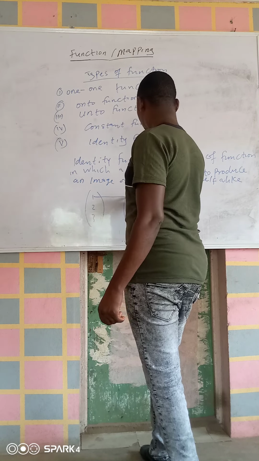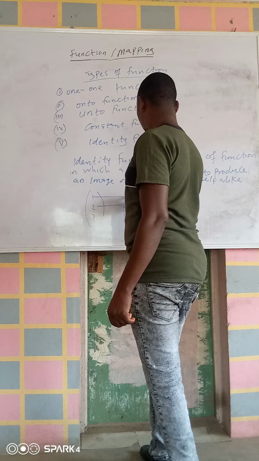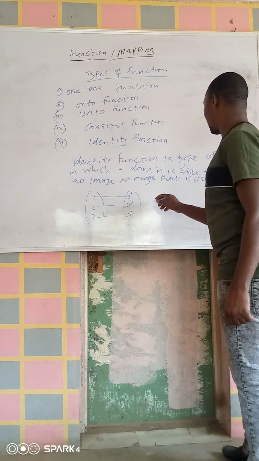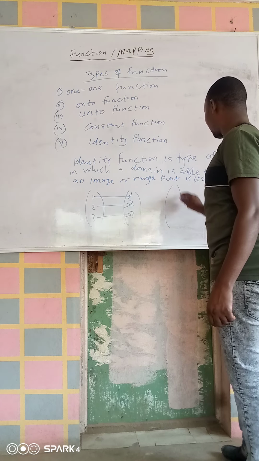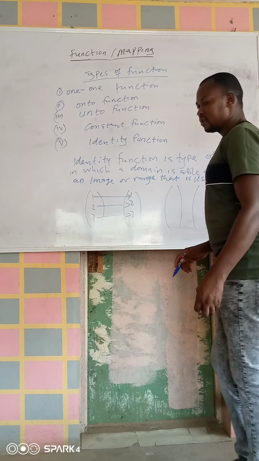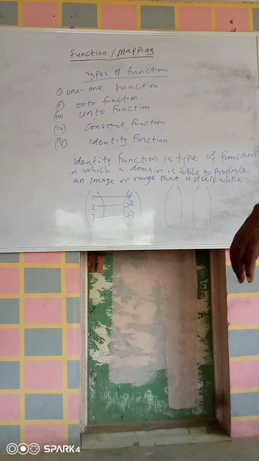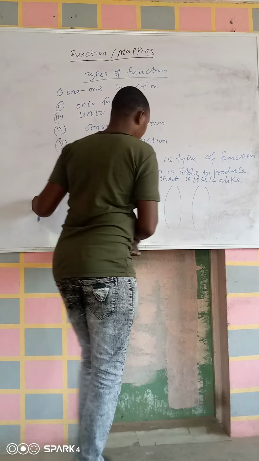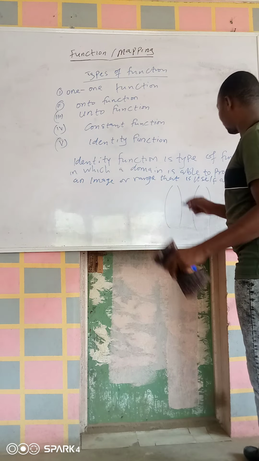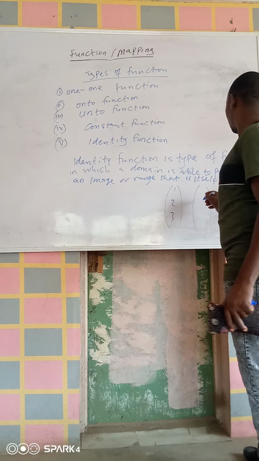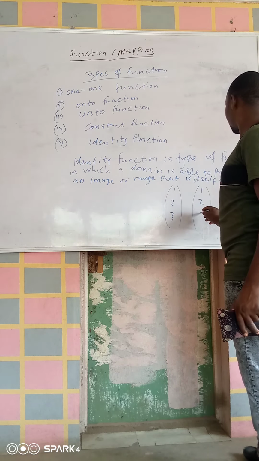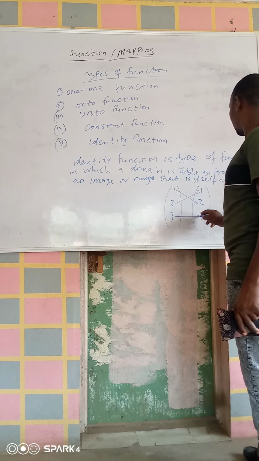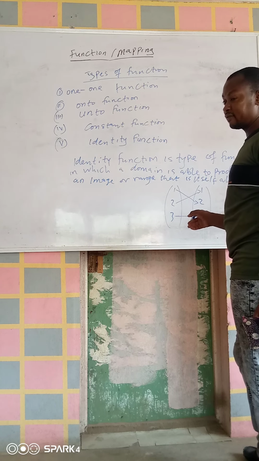Hope you know that if you have this kind of arrow diagram, this to this, this to this, this to this is not an identity function.